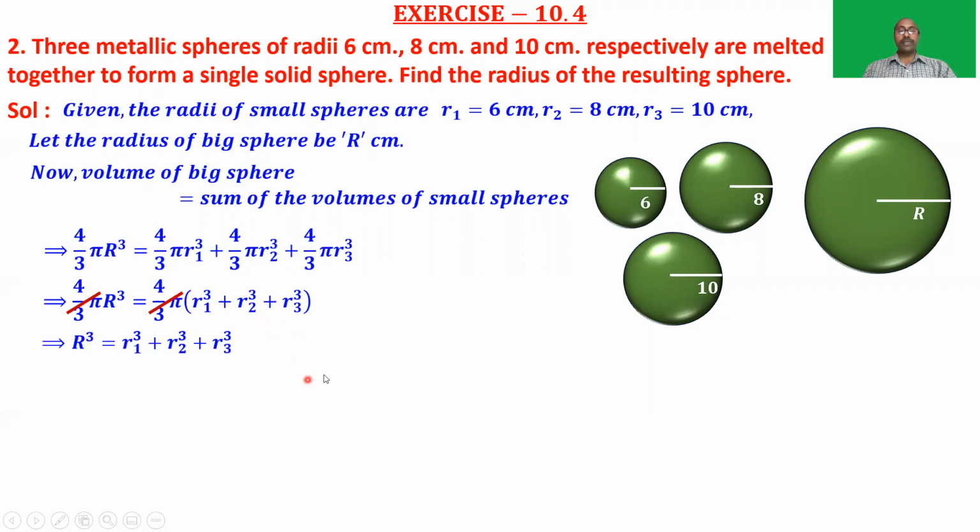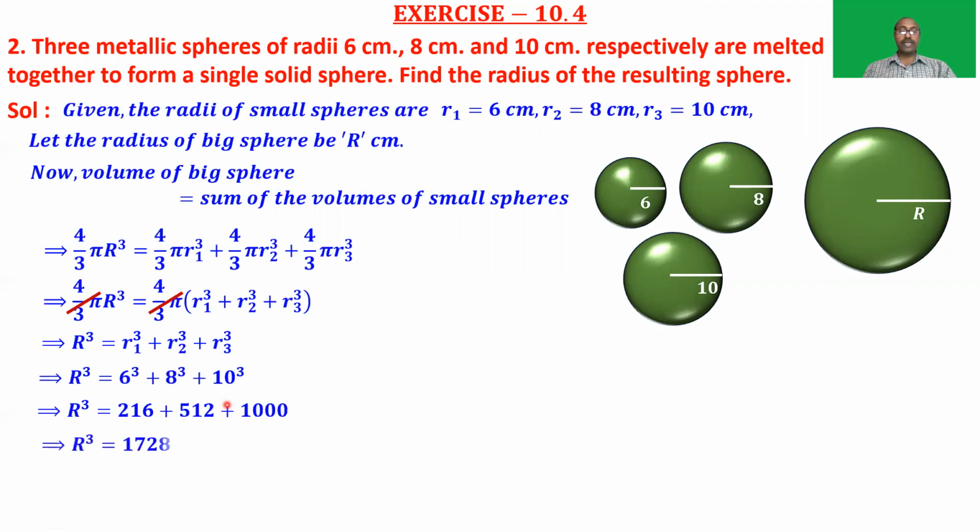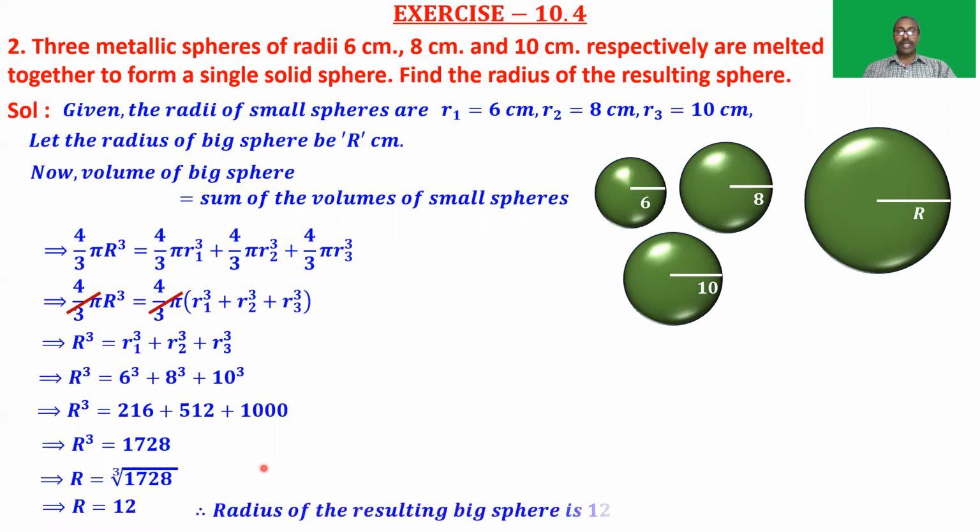Now substitute the values of R1, R2 and R3 in this equation. R1 is 6, R2 is 8, and R3 is 10. So we get R cube is equal to 1728. So R is the cube root of 1728. By finding the cube root of 1728, we get capital R is equal to 12. So the radius of the resulting big sphere is 12 centimeter.